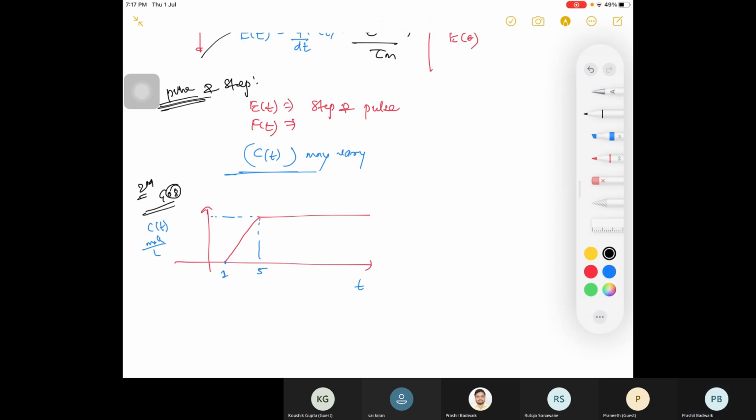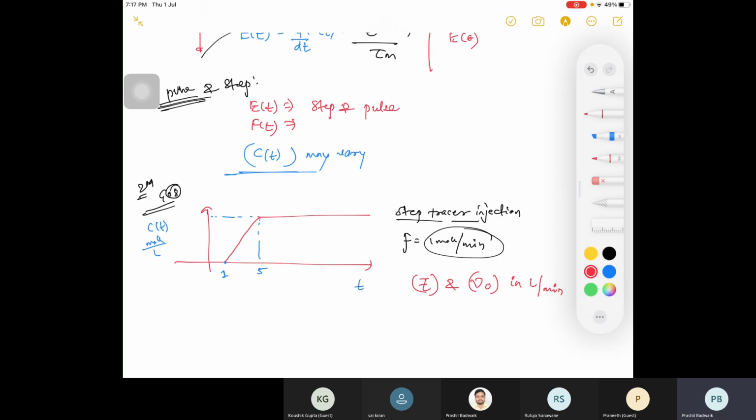It says you are having step tracer injection, and that is your 1 mole per minute constant value, that is your flow rate. Why will there be a flow rate? Because you are having step injection, right? You need to find out what is your t mean and your nu naught in liter per minute.